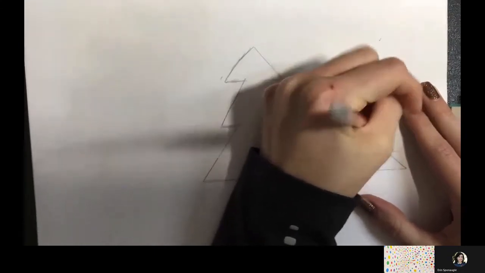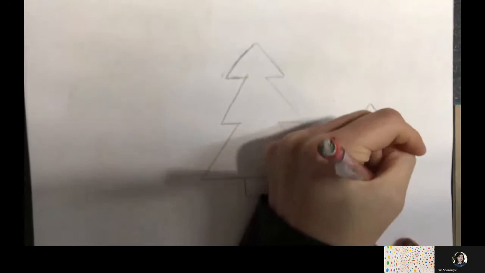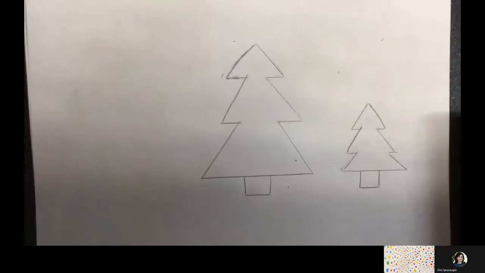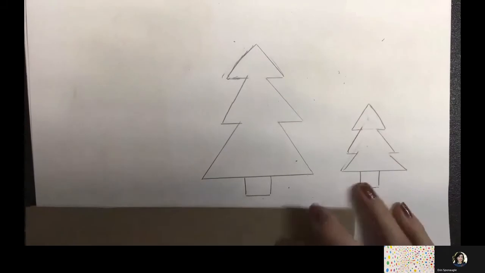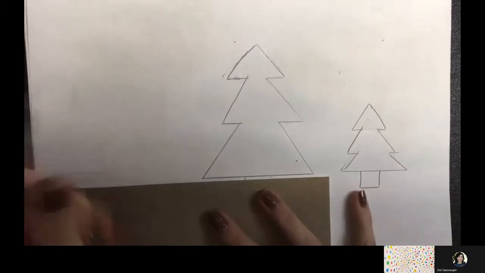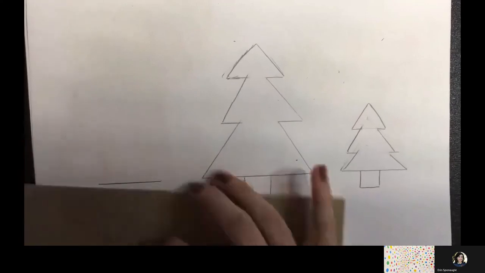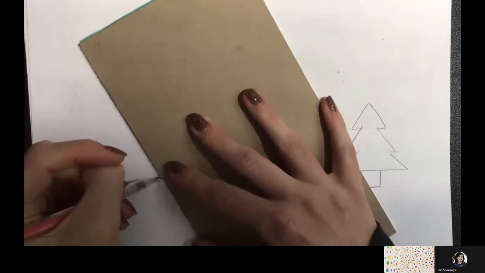So you may use a light or dark color. You may use some complementary colors. I'm thinking I'm going to use some complementary colors for my trees. I'm going to draw one more over here. And then, how would you like to make the pattern for your trees?